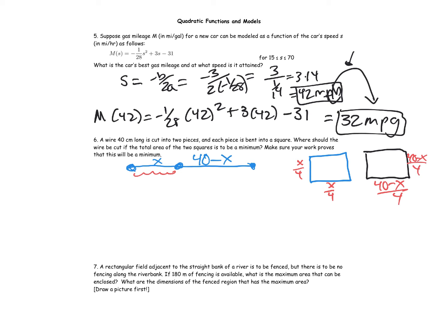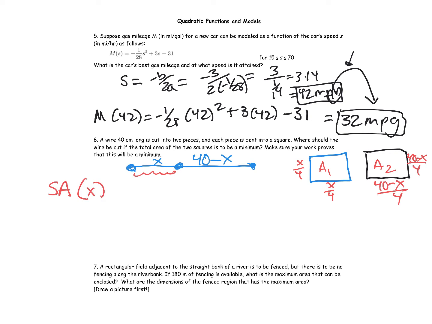Let's get back to what the problem is saying. It says that the total area of the 2 squares, area 1 and area 2, we want to be a minimum. First, let's write the sum of the areas in terms of x. I'll call it SA, sum of the areas.